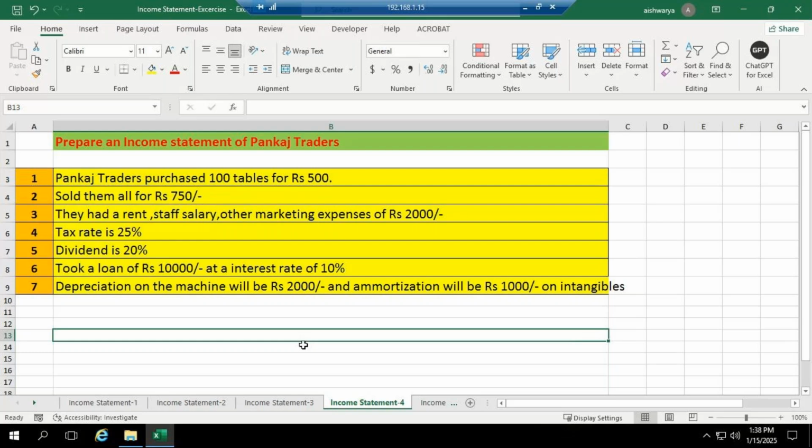So what is this? You just prepare an income statement of Pankaj Traders.